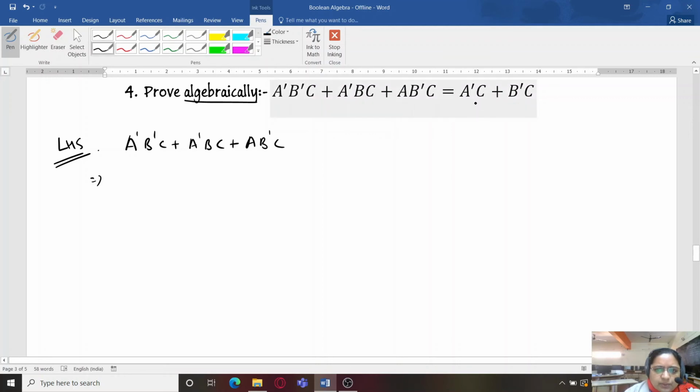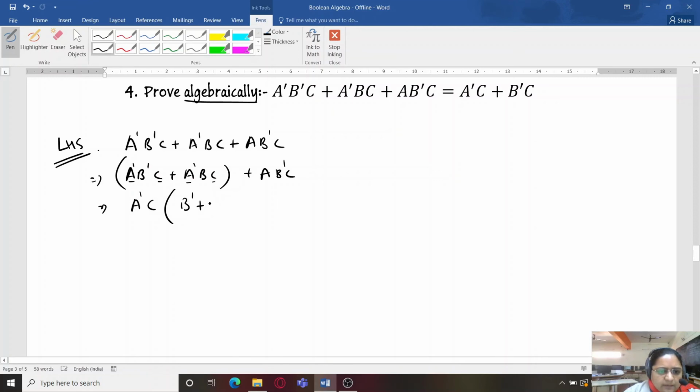We have to deduce the right hand side from the left hand side. So we start with first reducing this expression. Let us pair these two expressions and see what can be taken out as common. You can see that A'C is common here, so we can take that out.